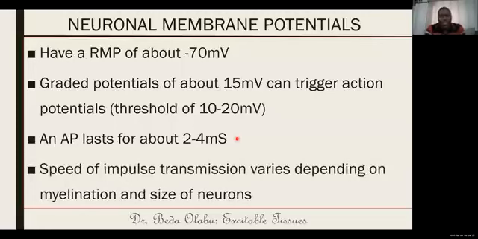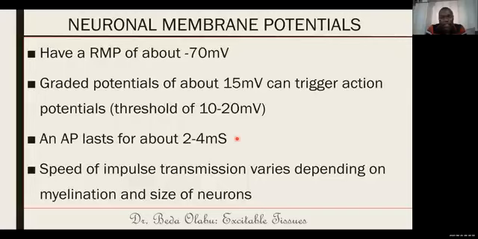The speed at which neurons transmit impulses will vary depending on whether the neuron is myelinated or not, and the size of that neuron in terms of the axonal diameter. So the larger neurons are the ones which transmit faster.